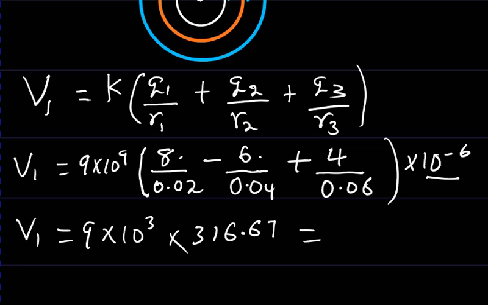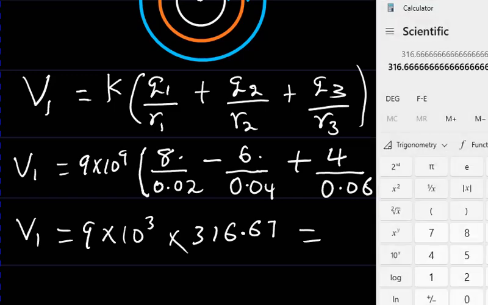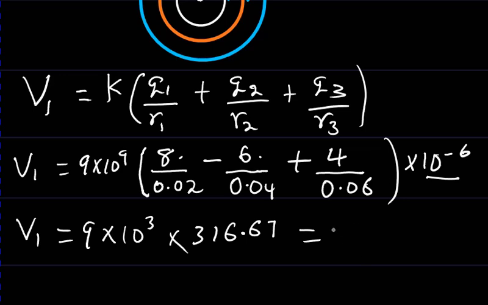Okay, so let's do that multiplication. Multiply by 9, 2850, times 10 raised to the power of 3.